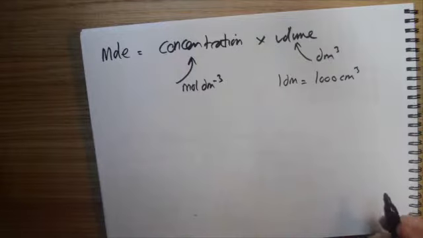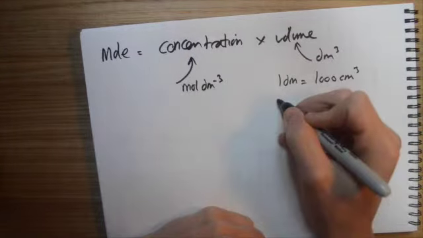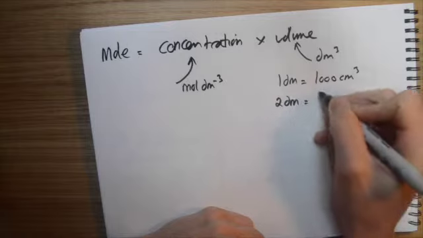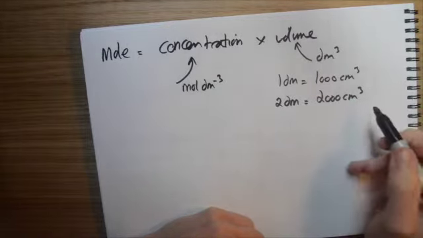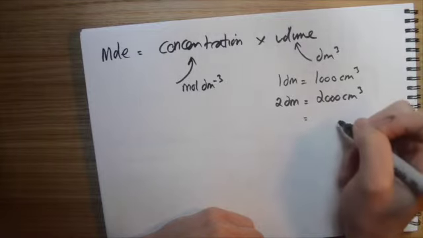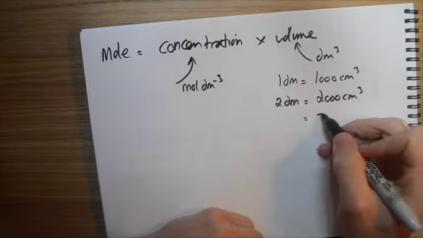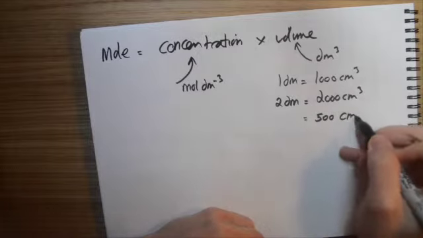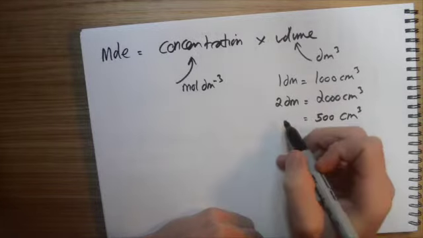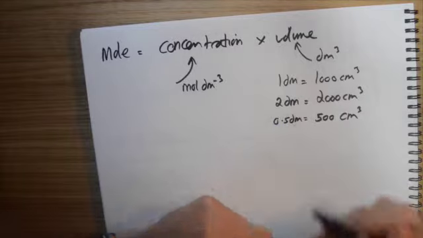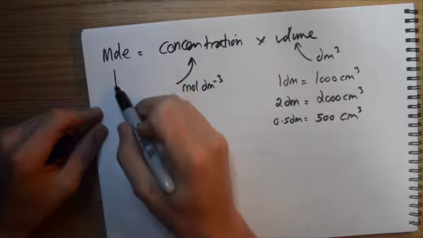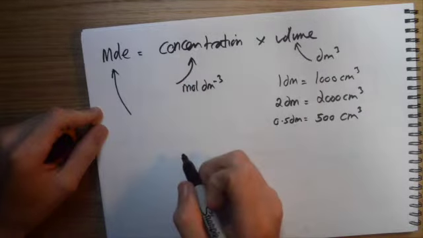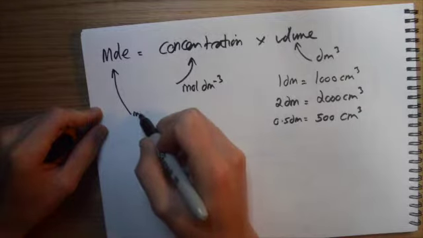So 2 decimeters cubed equals 2,000 centimeters cubed. If we want 500 centimeters cubed, you divide by 1,000 and that equals 0.5 decimeters cubed. And the overall unit for moles is just mole.